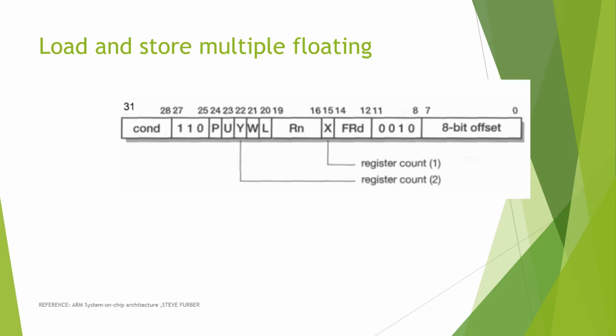Now we have the load and store multiple floating point instructions. Load and store multiple floating point instructions are used to save and restore the floating point register state. You know what we mean by multiple floating point. For executing only one data at a time, we use single registers. If the user needs to execute multiple data at a time, we need multiple registers, and that is how this comes into play.